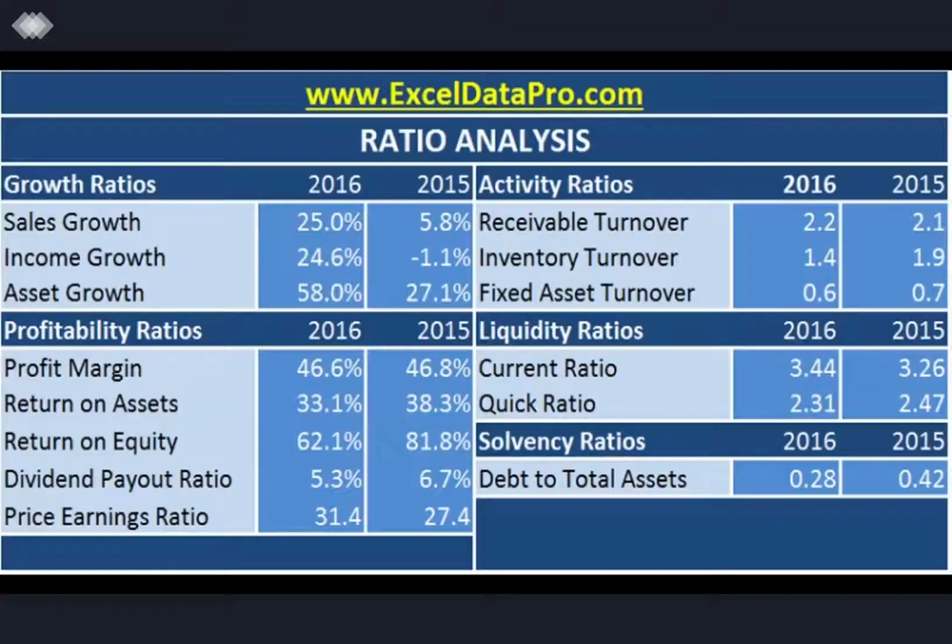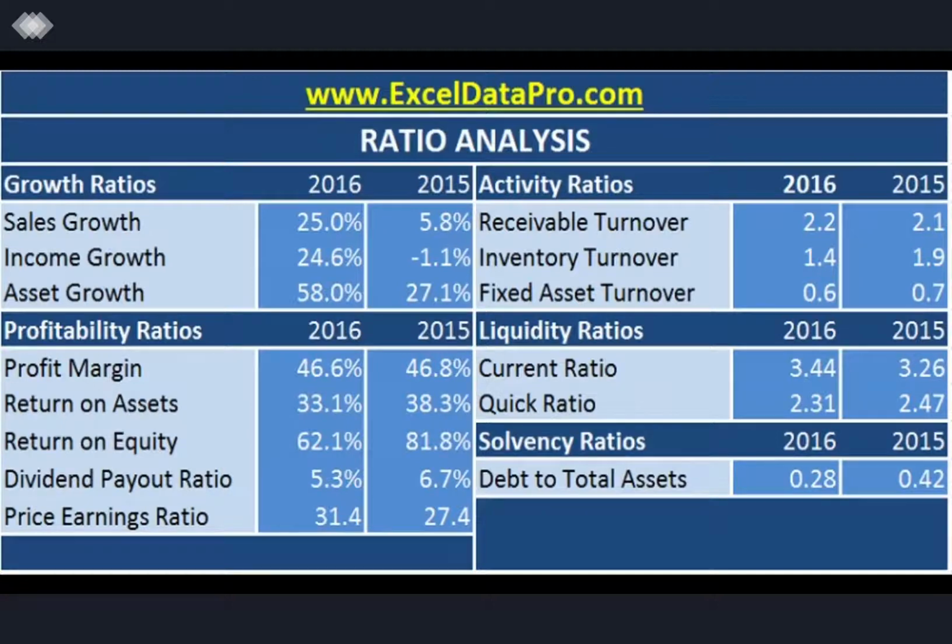Now I'm going to show you some pictures of trend analysis and ratio analysis. This particular picture is for our ratio analysis. It only shows 2 years. Usually ratio analysis shows a little bit more than 2 years, probably 3 or 4, so you can get a good grip on how these ratios have increased or decreased over time.